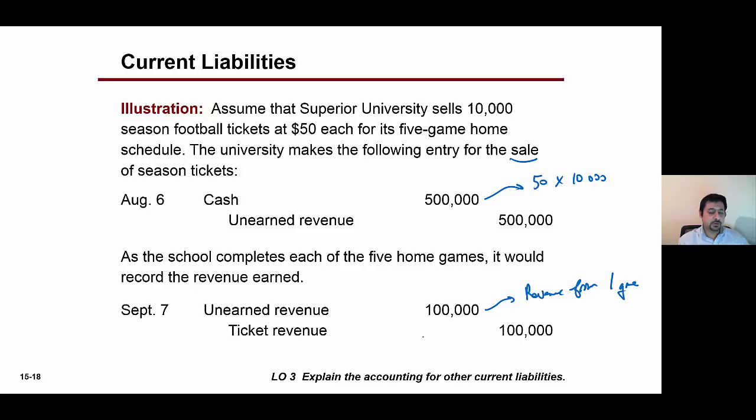This is the amount that the university has earned. At this point, the liability has decreased because they have provided the service, which in this case is one game. This entry will be made after each game until the 5 games are done, and at that point the university would have earned the $500,000.